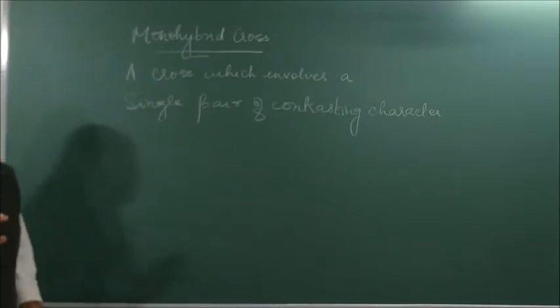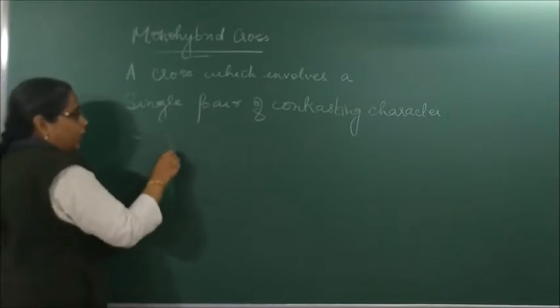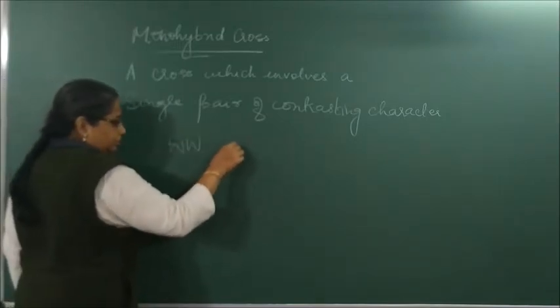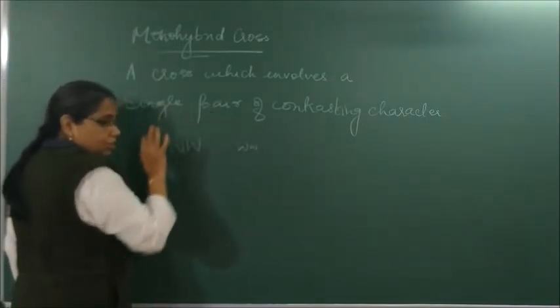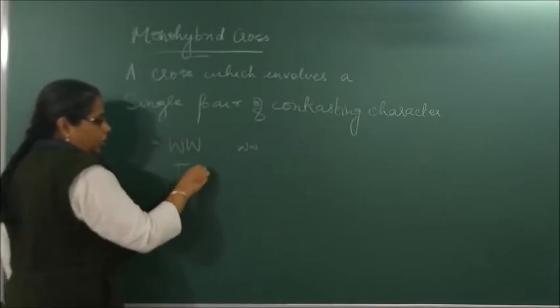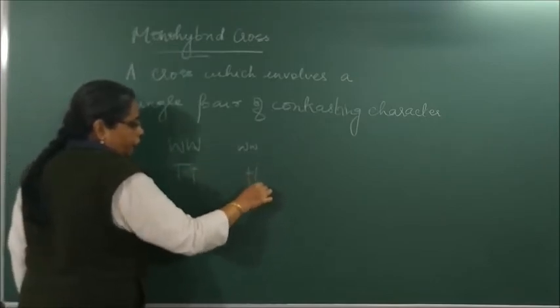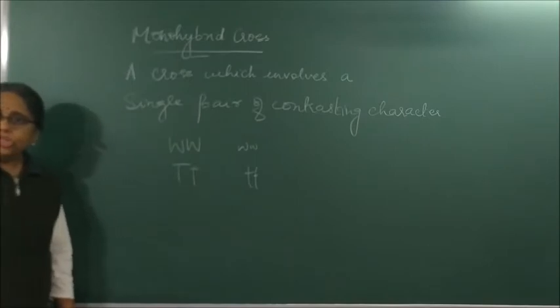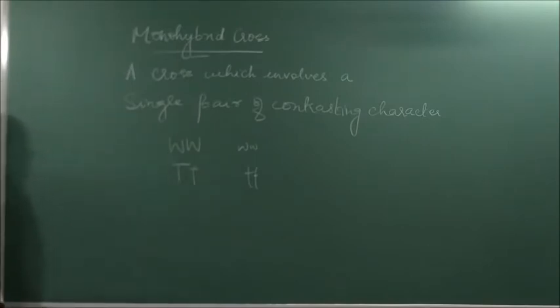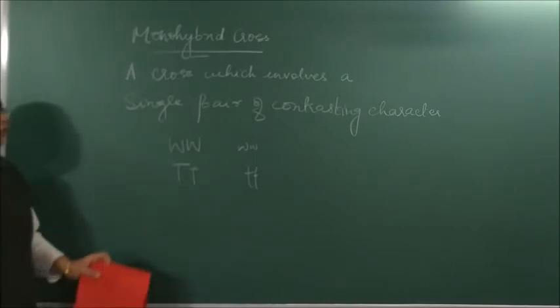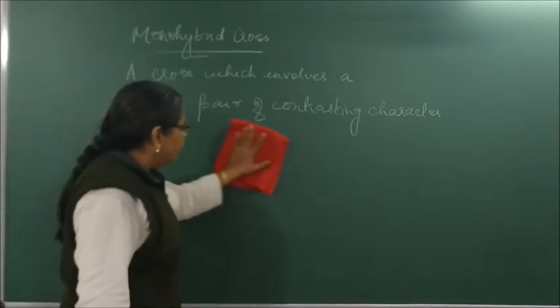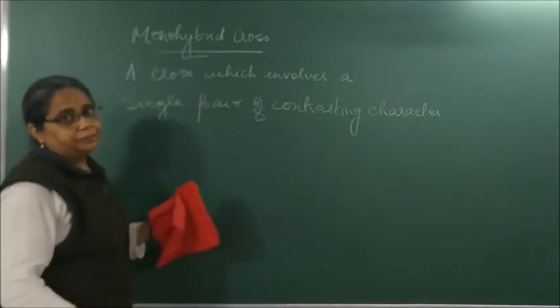So if I take only one character, such as white flower with violet flower, or tallness with dwarfness, these are all what crosses? Monohybrid crosses. Fine. Before we do the monohybrid cross, we should understand something.